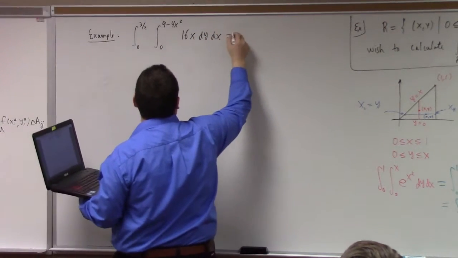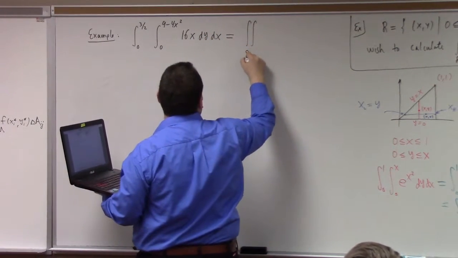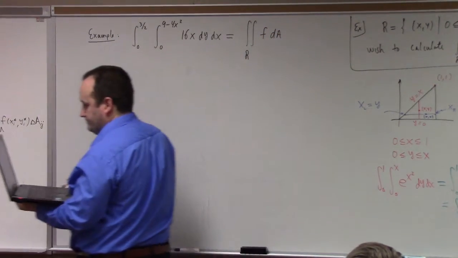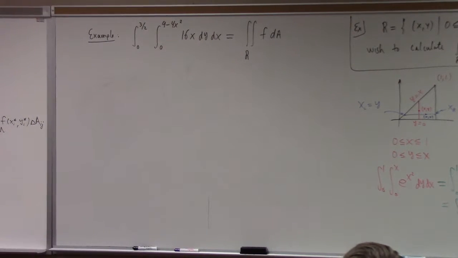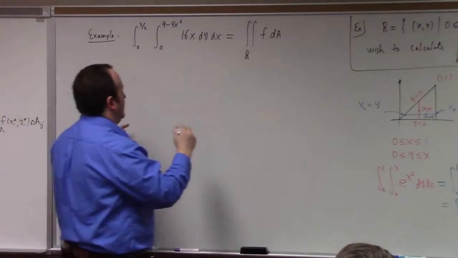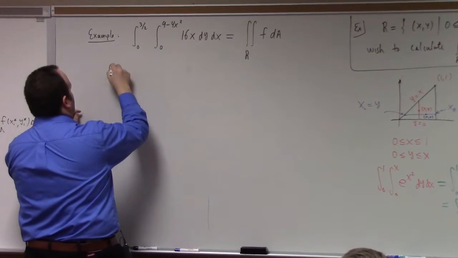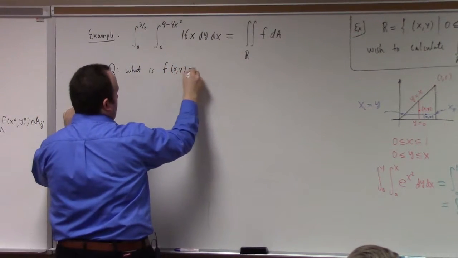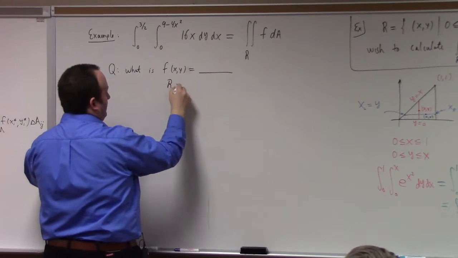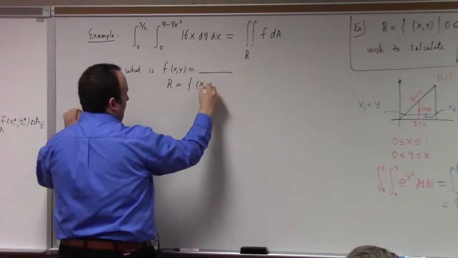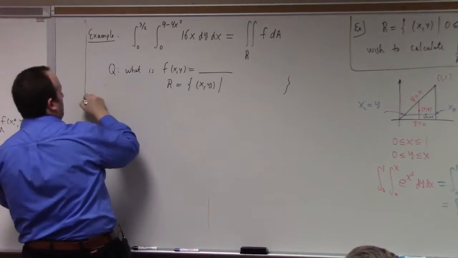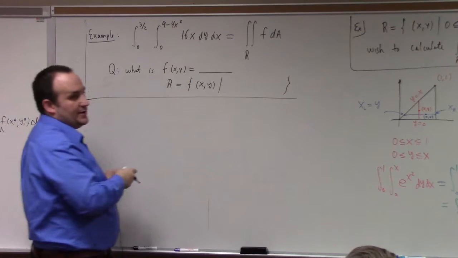My first question is, this is the integral over what region of what function? So my question number 1 is, what is f of x comma y? And what's R? And then we'll calculate it, okay.